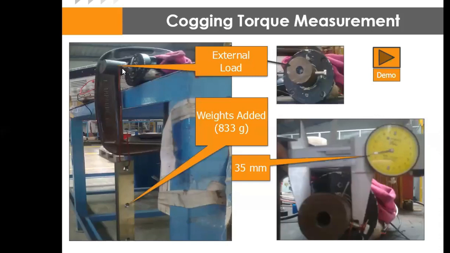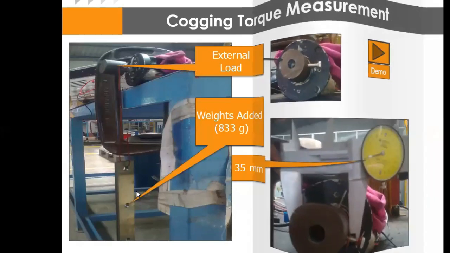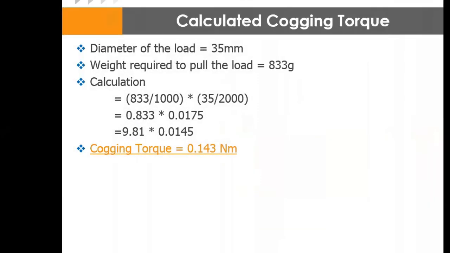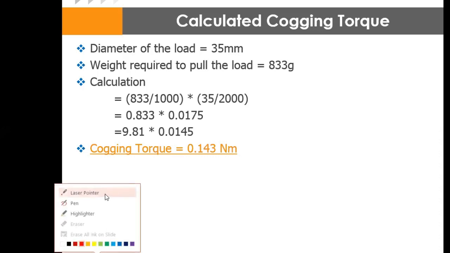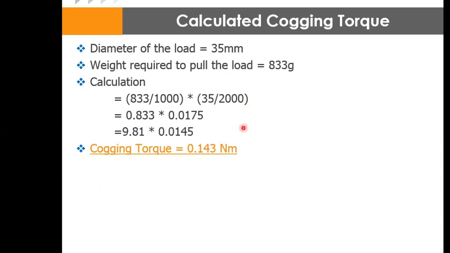Once it has taken the first step of rotation, you should stop adding the weight. You should measure the diameter and the weight you have added. After that, you need to perform this calculation. If you perform this calculation, you will get the cogging torque of this machine. So you have got the cogging torque as 0.1.